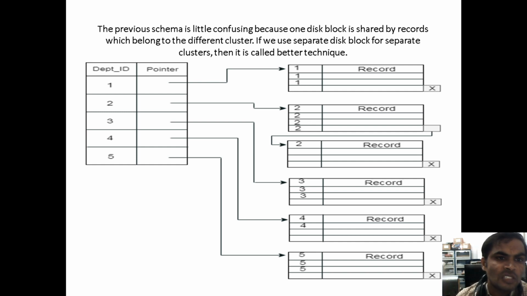The little confusion is the one disk block. Just now I said we can call it a block. This block or bucket is shared by records belonging to different clusters. If you use a separate disk block for separate clusters, then we call it a better technique. Means we are creating separate clusters. Just now I said cluster means we are grouping the similar items.